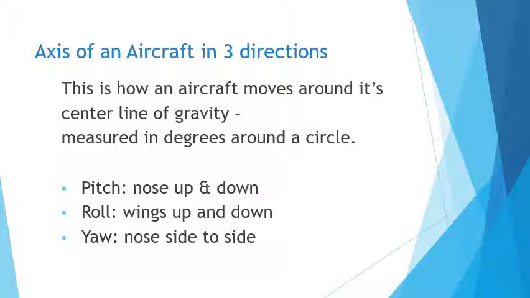Another movement is called roll, where the wings move up and down, which helps the aircraft bank and turn. It's a common type of turn you might find in a roller coaster. Another turn is called yaw, where the nose swings horizontally back and forth to change which way the front is facing.